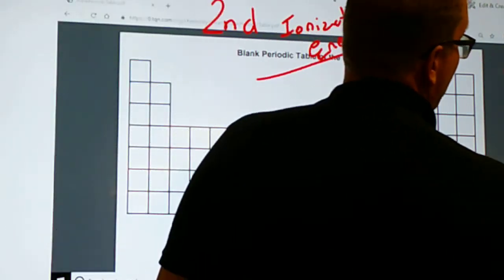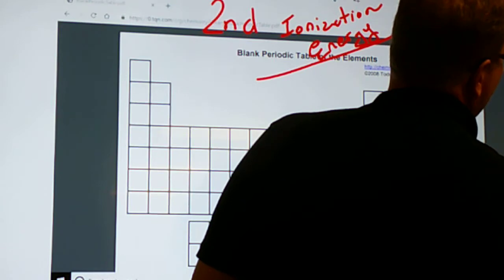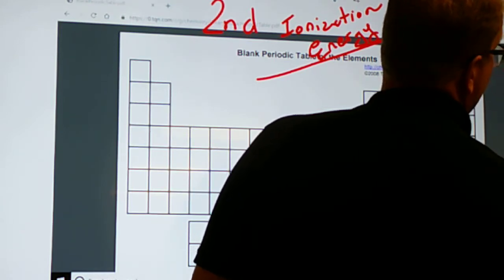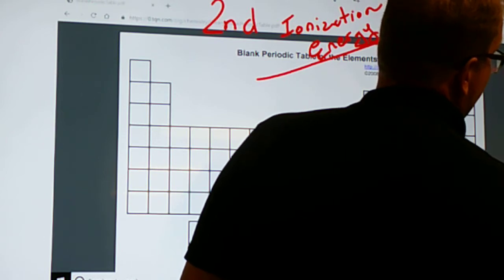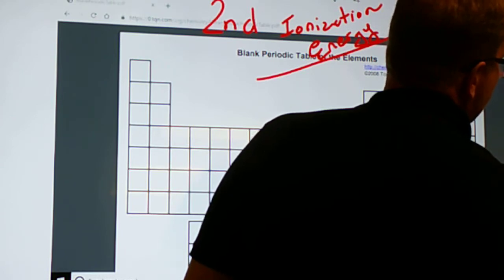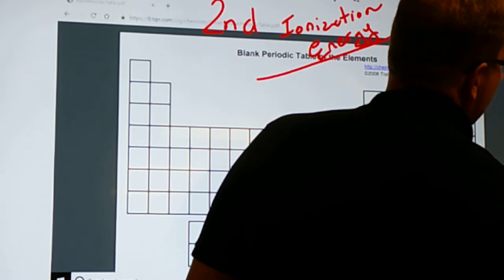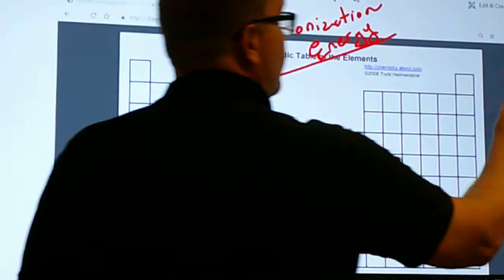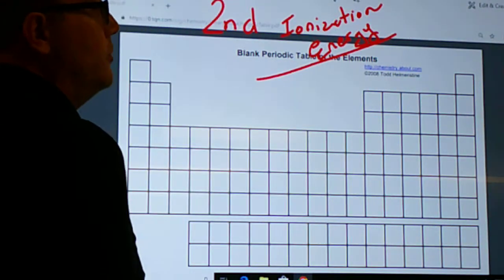Let's say I want to go between my first and second ionization energy and the largest increase. So I want to know what the highest increase is between my first and second ionization energy.